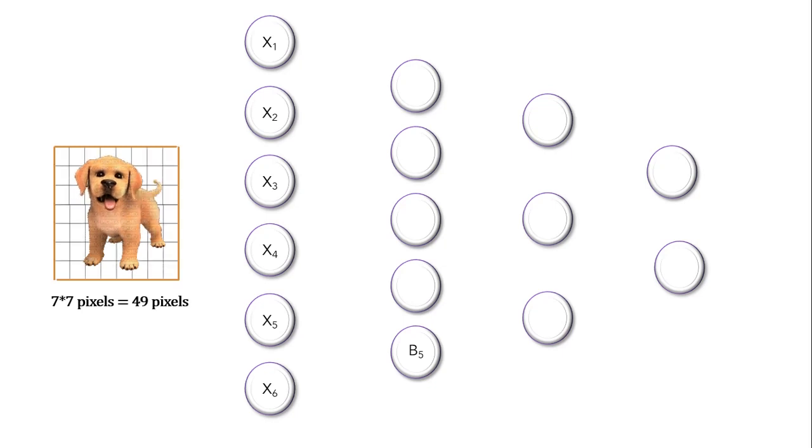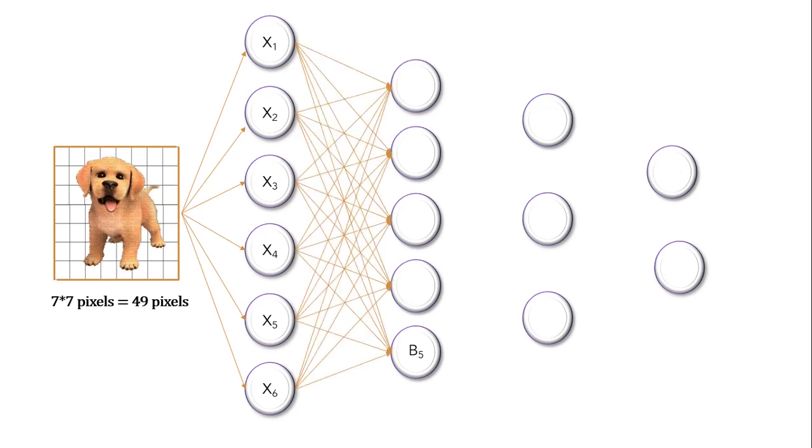Now each pixel is fed as input to each neuron of the first layer, and neurons of one layer are connected to neurons of the next layer with some additional numeric values known as weights. Now the inputs are multiplied by the corresponding weights, and their sum is sent as an input to the neuron in the next hidden layer.